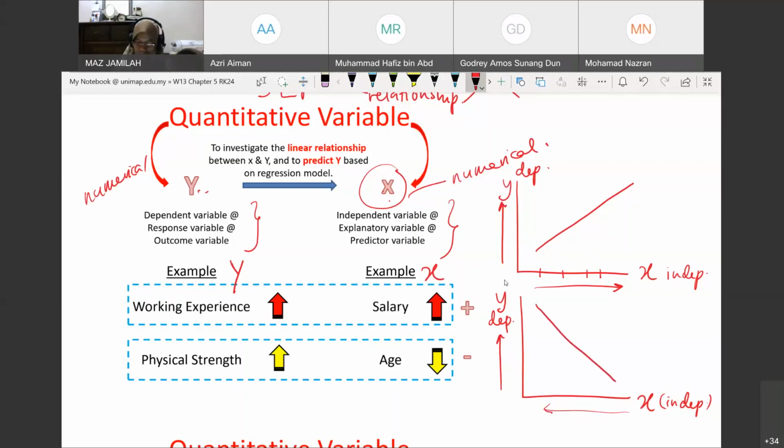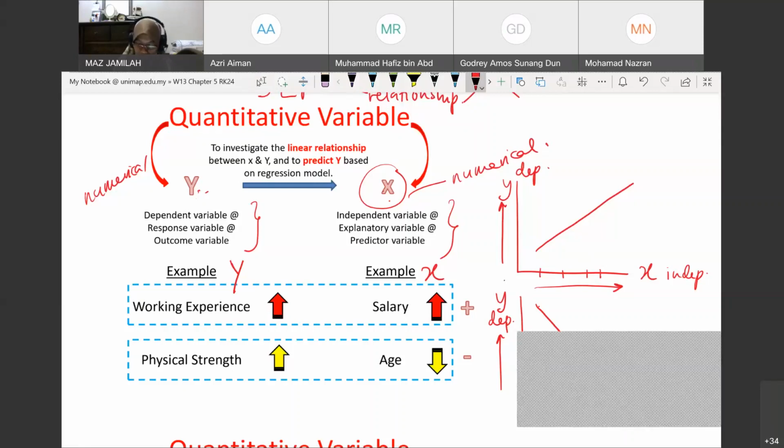The younger the person is, the higher the physical strength; the older the person is, the lower the physical strength. So you have these two kinds of relationship.